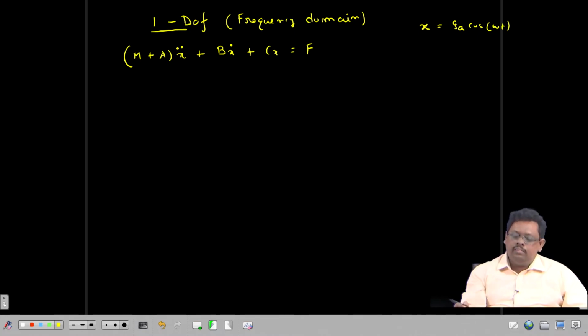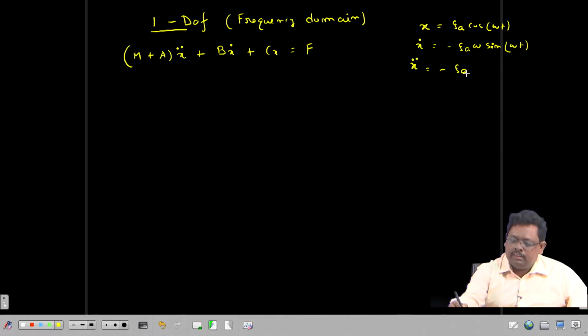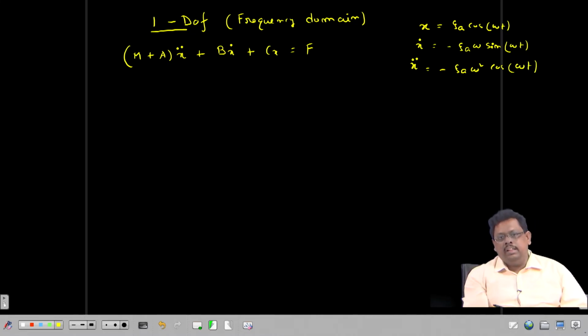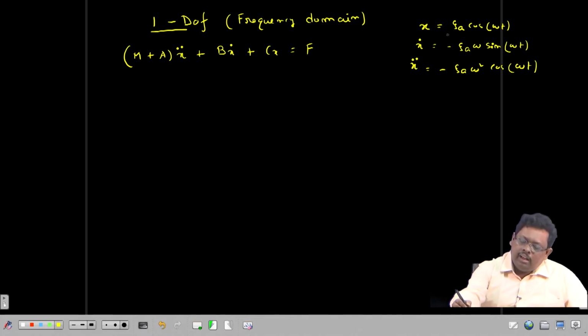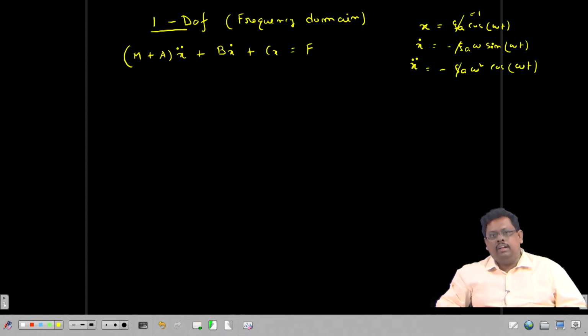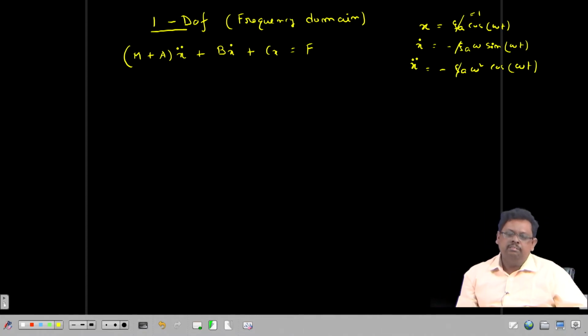Then x dot is equal to minus xi_a omega sine of omega t, and x double dot is minus xi_a omega square cos of omega t. Now, without loss of generality, let us drop this xi_a and make it equal to 1. It will not harm the final solution.